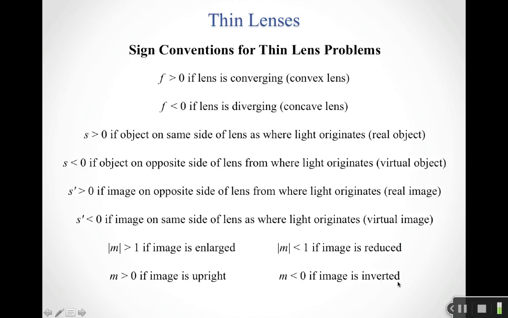So we'll be able to use our two equations to calculate the object distance, image distance, or focal length, whichever one is unknown. We'll be able to calculate the magnification. And then we can think about what those values are to determine whether we have an image that's real or virtual, enlarged or reduced, or upright or inverted.